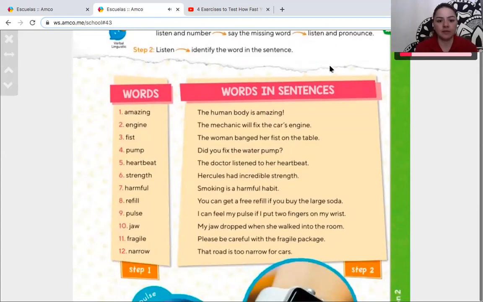Strength, strength. Refill, refill. Fragile, fragile. Pump, pump. Harmful, harmful.